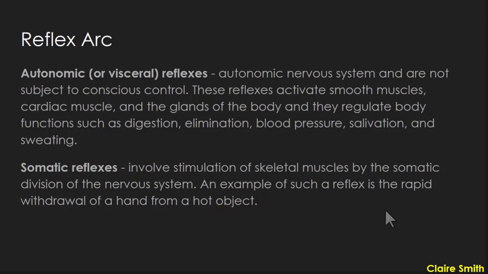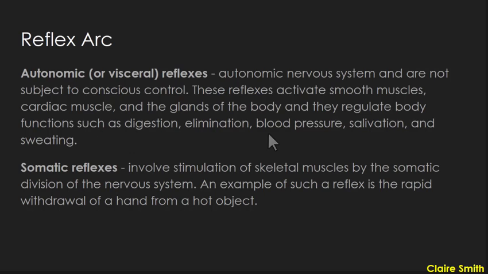There's two types of reflexes you're going to see. The first is autonomic or visceral reflexes. Think autonomic, automatic. These are automatic things that aren't subject to our conscious control, things that we're not even thinking about doing that are just happening. They are activated by smooth muscles, cardiac muscles, and also glands of the body, regulating bodily functions that we don't think about, such as digestion, elimination, blood pressure, salivation, sweating.